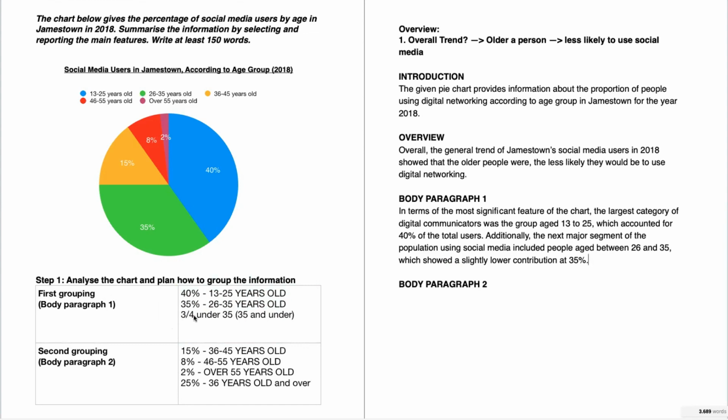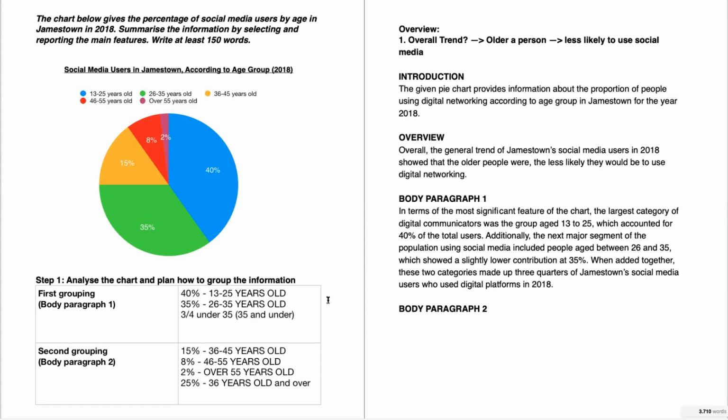So I'm going to say, when added together, these two categories made up 3/4 of Jamestown's social media users who used digital platforms in 2018. And there we have it. That is everything I wanted to include in body paragraph 1.